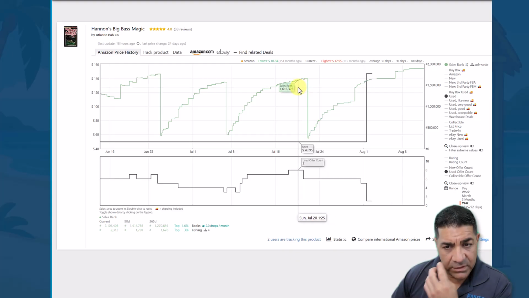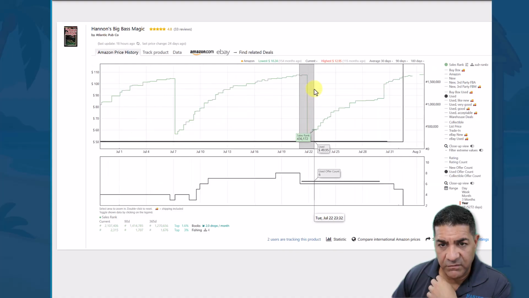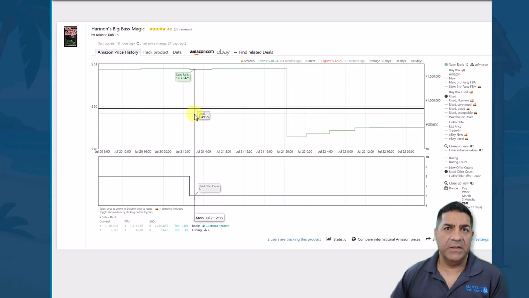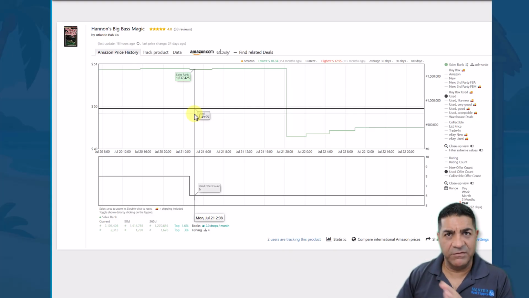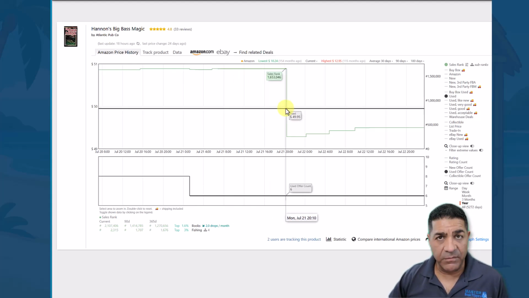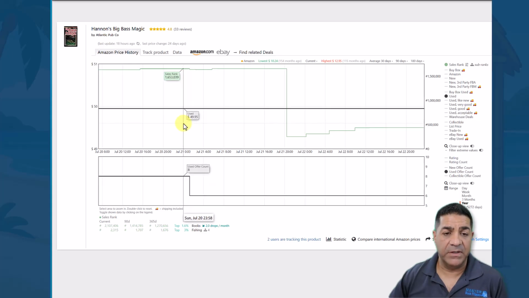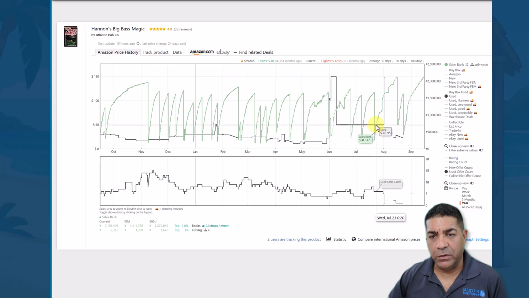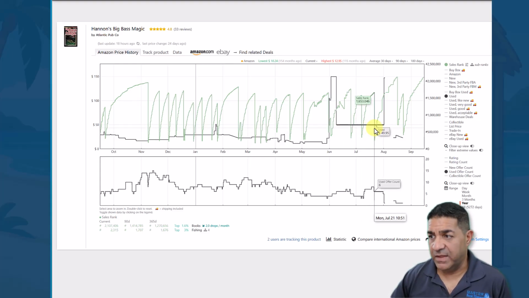And if you look over here on July 20th, there were 8 offers, and then it dropped down to 6, but it doesn't coincide exactly. Because of the way Keepa gets their data from Amazon, through different feeds, there's a technical reason for it. So don't always think that this is exact. Sometimes it is, but sometimes it could be off several hours like it is here. So I'm just trying to help you better understand how to read the Keepa chart, and don't always think that exact intersection is where the sale took place. It could be a little bit off because of that timing.